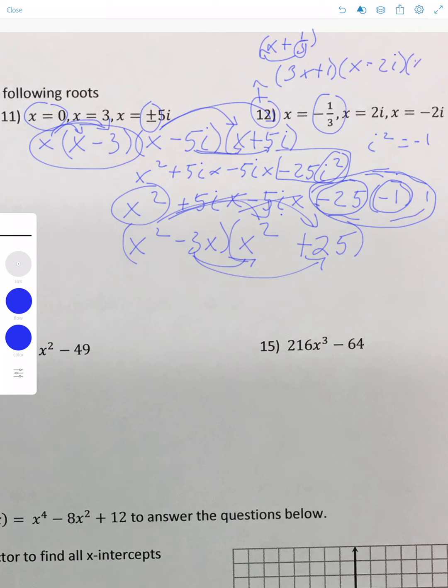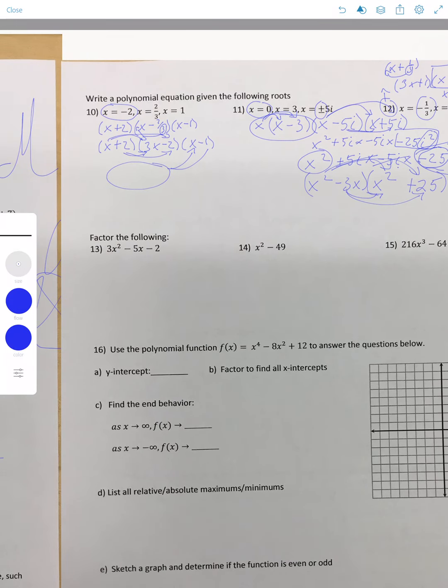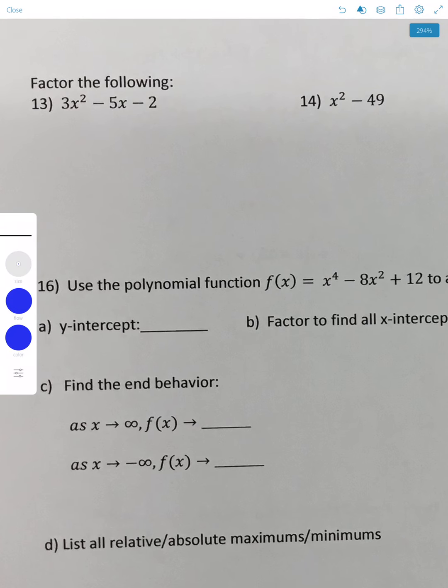And so again, you would have to go through and distribute that all the way through, recognizing that when you distribute these two factors with your i's, you're going to get an x squared plus 4. So if you want to quickly check that after you simplify and reduce, you should get an x squared plus 4 there. All right, now moving on to factoring.